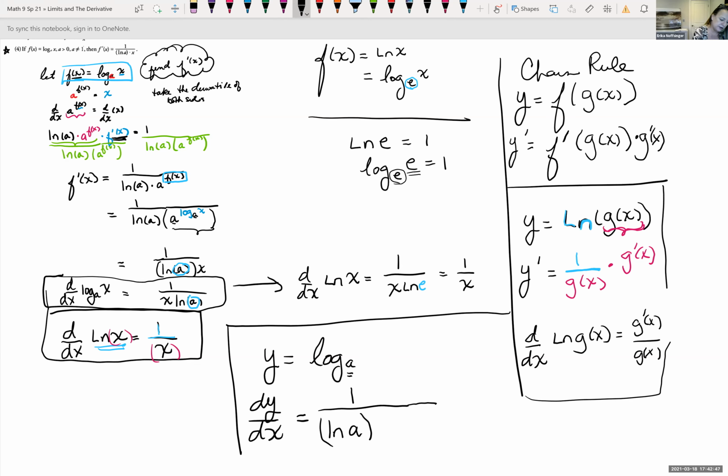So let's call this g of x. So times that inner. But then we had to multiply, because we're using the chain rule, the derivative of the inner, so g prime of x.